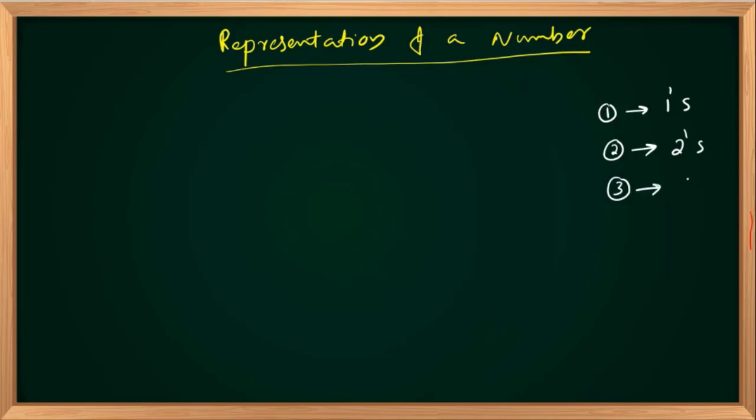Third one is signed magnitude representation. Or I will take the order the other way. First we'll discuss signed magnitude. That is very simple. Then we'll go for 1's complement representation. Then we'll go for 2's complement representation. Okay. So I'm requesting your attention for 3 to 4 minutes.